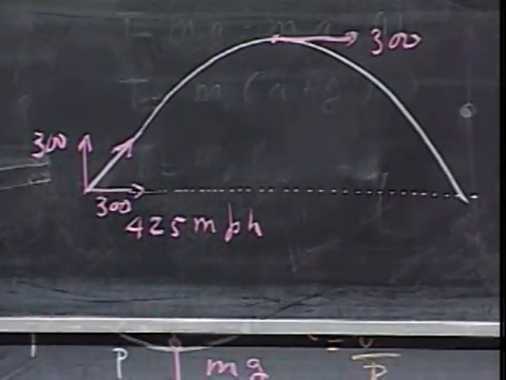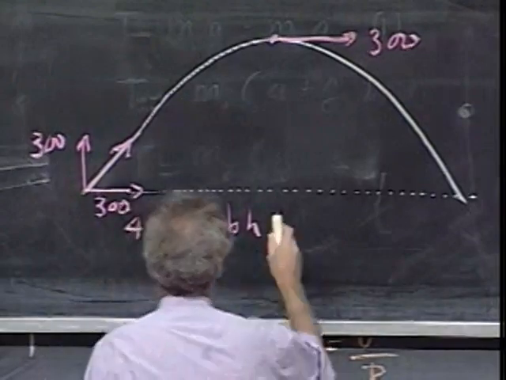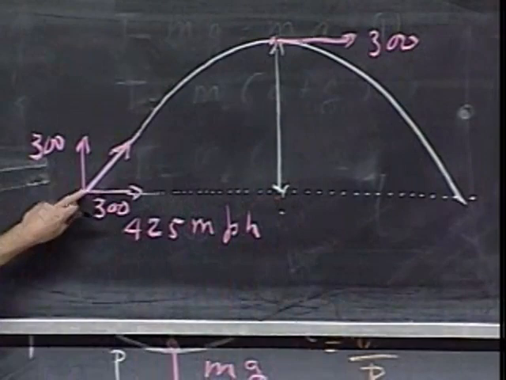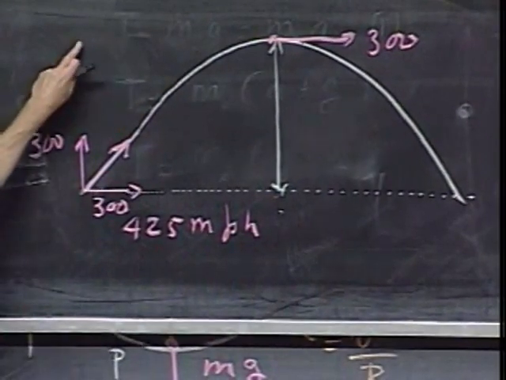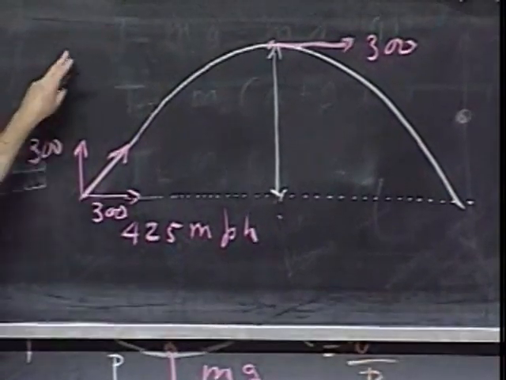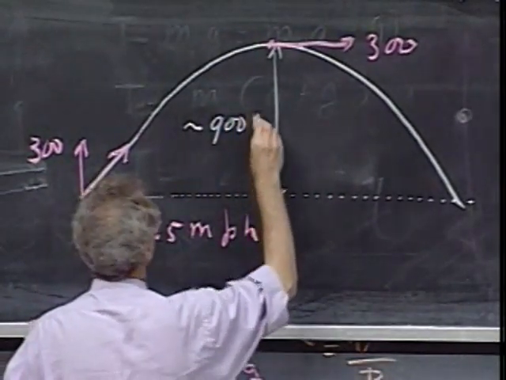drag. You should be able to calculate with all the tools that you have available how high this goes from this level. In other words, what is the time that the velocity in the y direction comes to zero? You can calculate that, and then you know how much it has traveled. Very crude numbers, this is about 900 meters.